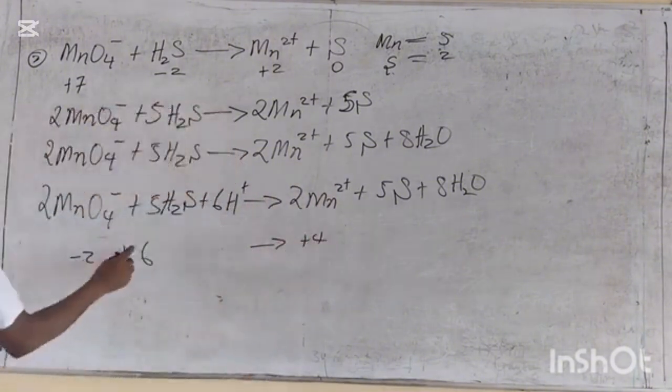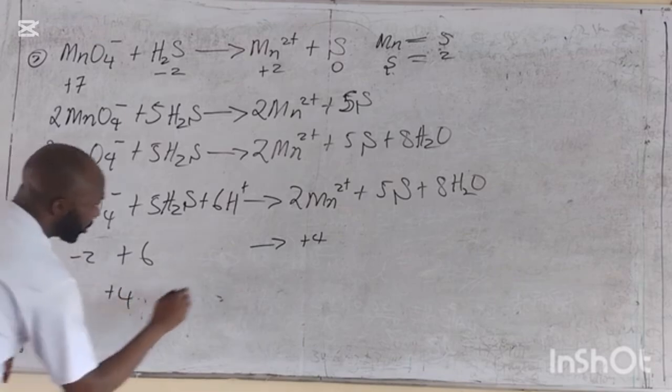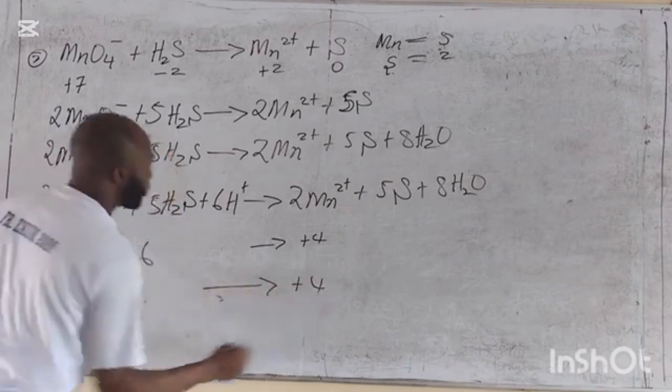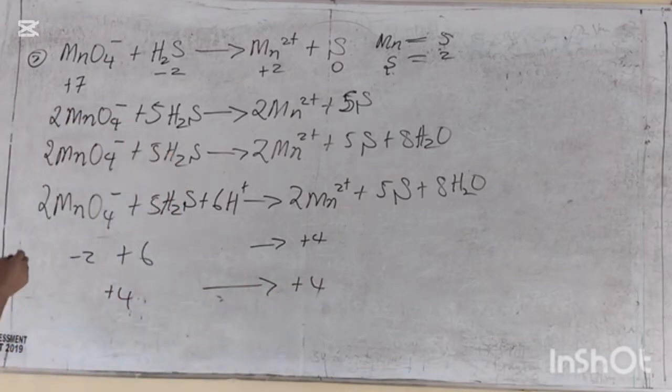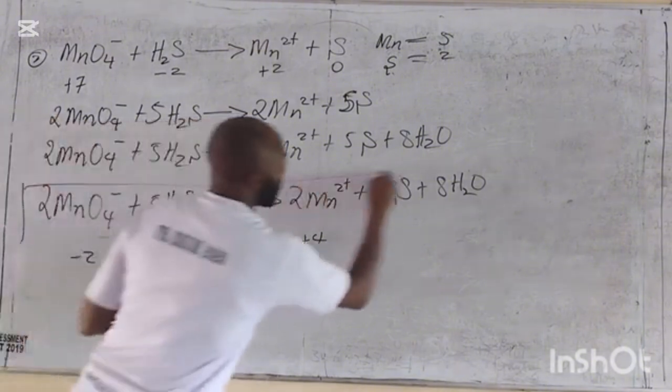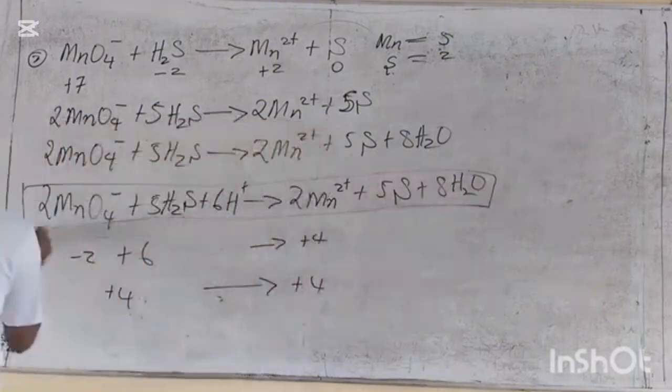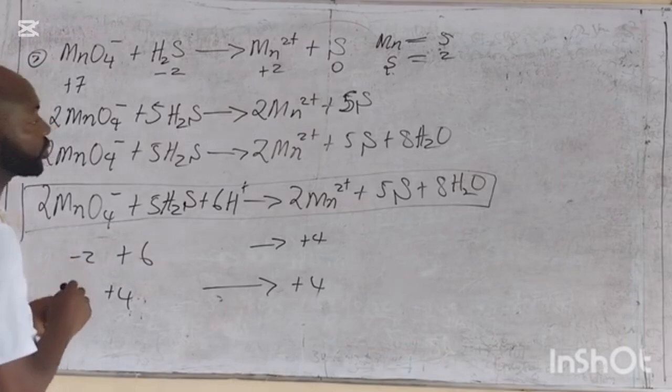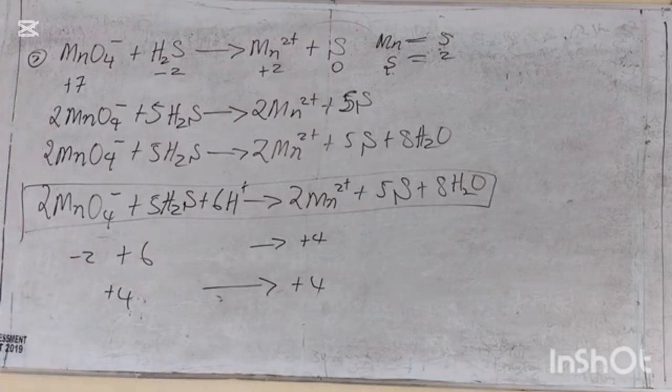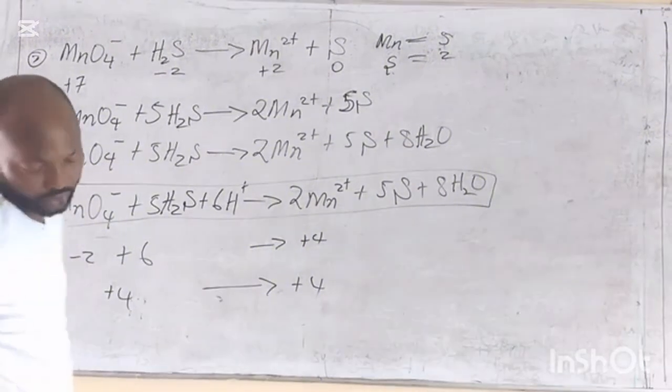Now minus 2 plus 6 is plus 4. So we say our equation is balanced. As such, this becomes our official balanced equation, which we can use in redox or titration. So that's question number 2 in balancing of redox.